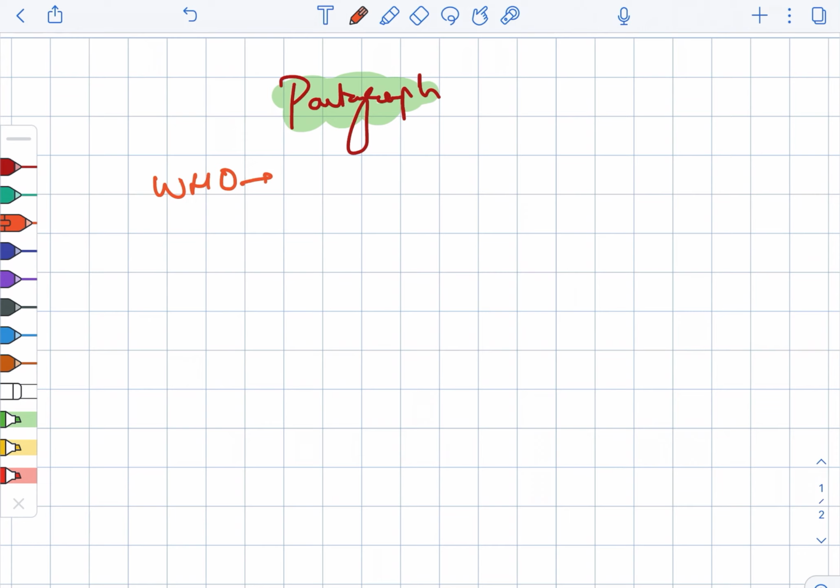Partograph. Firstly, we are going to look at the specific one, that is the WHO modified partograph from 2000, and here we are looking at some major points.